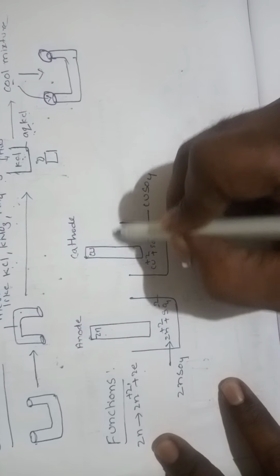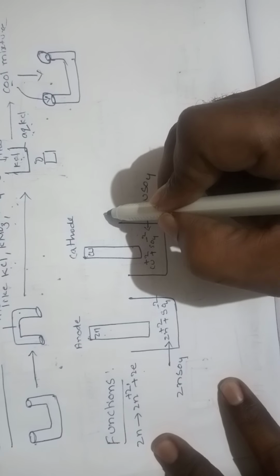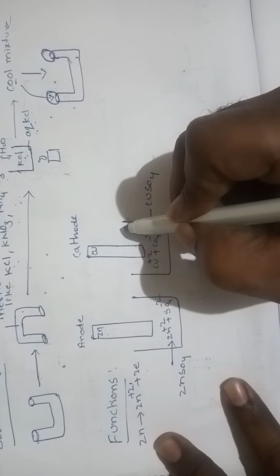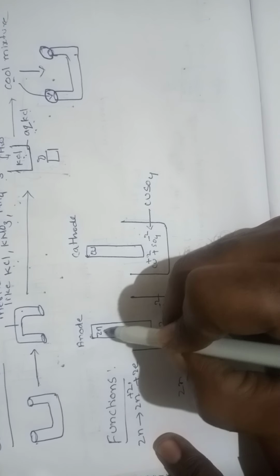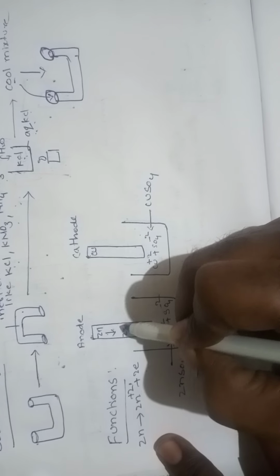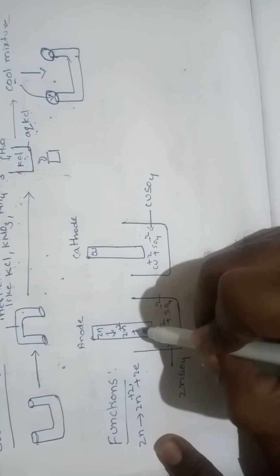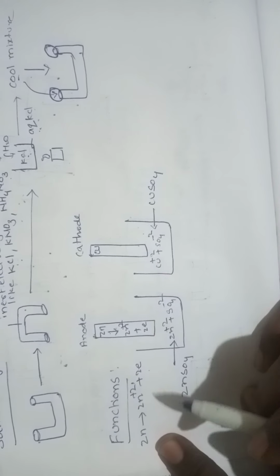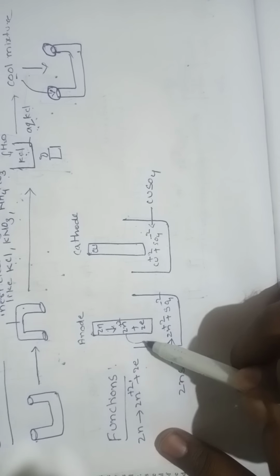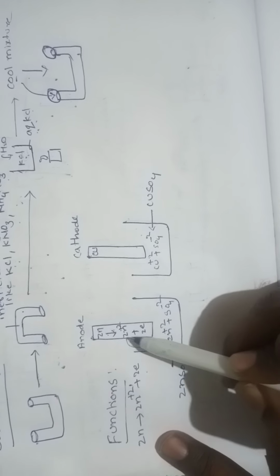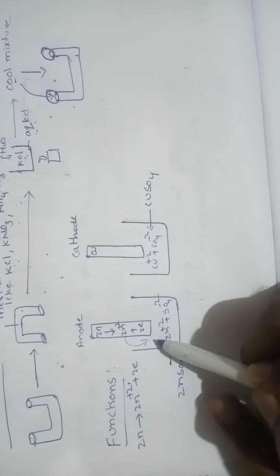Similarly, at the cathode, reduction takes place. Zinc is converted to Zn2+ and releases 2 electrons. These zinc ions are released into the electrolytic solution.